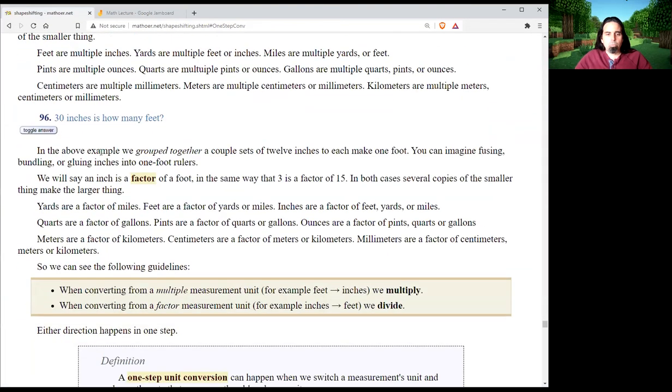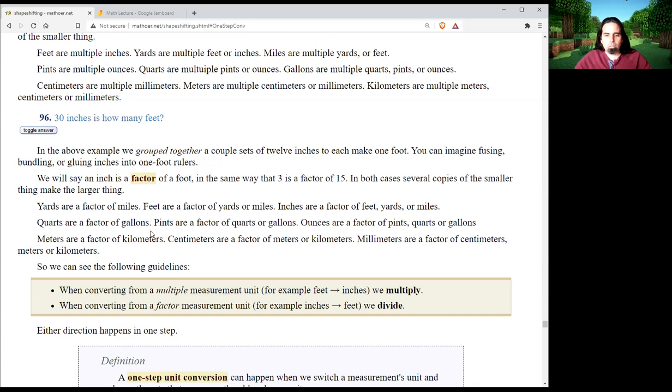So to go from 30 inches into feet, we are grouping together sets of 12 inches, and that makes a pile of inches that's a foot. You can imagine fusing them together or bundling or gluing them or something like that. We could say that an inch is a factor of a foot in the same way that 3 is a factor of 15. Several copies of the small thing make up the bigger thing.